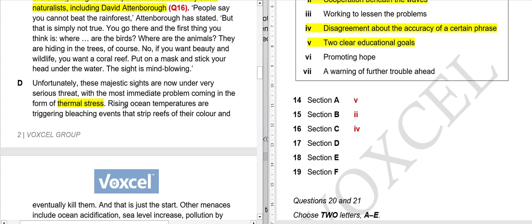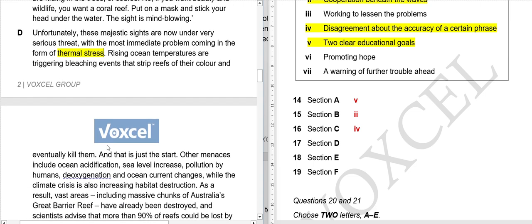Rising ocean temperatures are triggering bleaching events that strip reefs of their color and eventually kill them. So ocean temperature is rising, and because of that bleaching events are stripping reefs of their color and eventually killing them. So that's the negative effect of increasing temperature on reefs, and that is just the start.